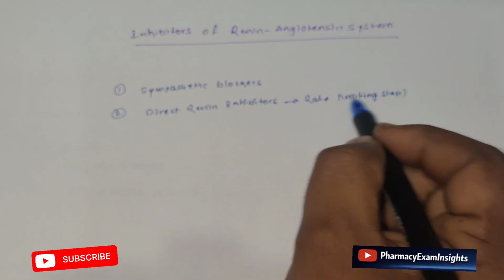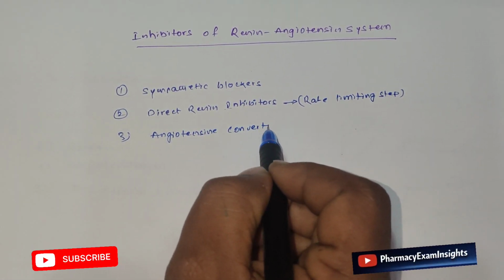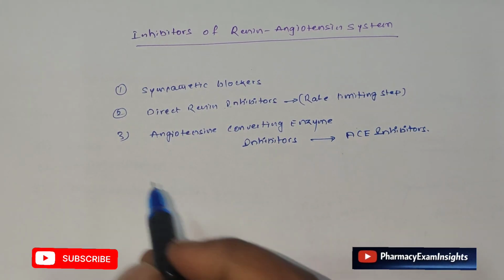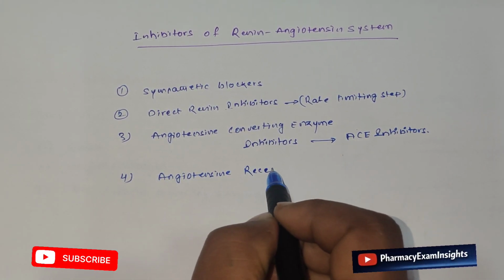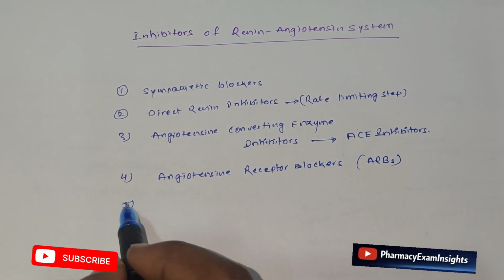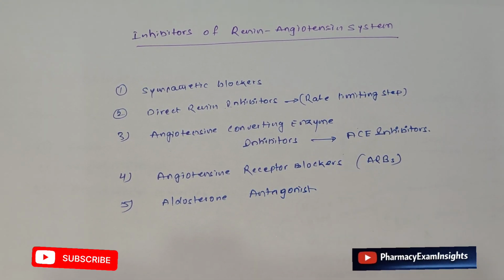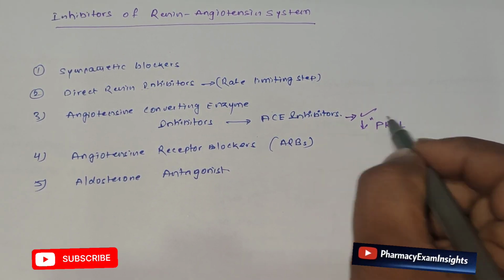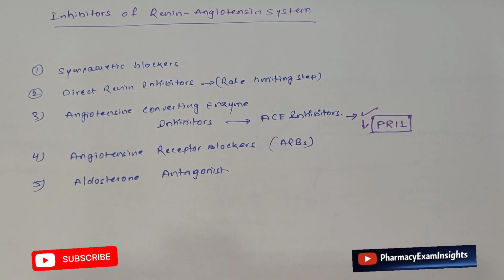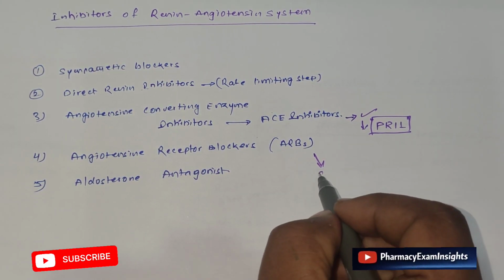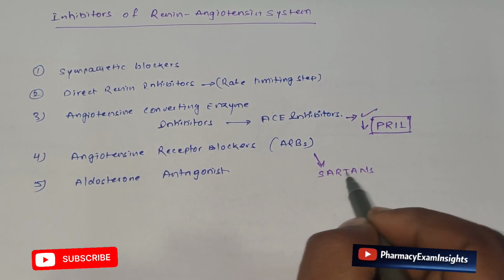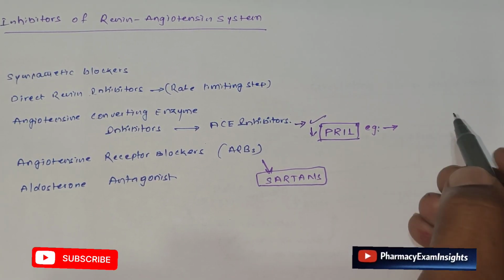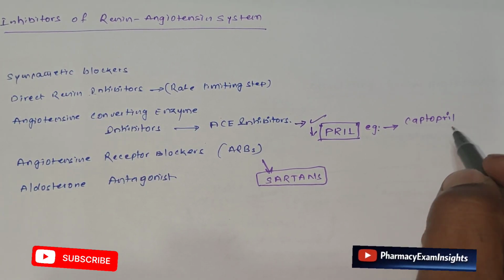Angiotensin converting enzyme or ACE inhibitors, angiotensin receptor blockers and aldosterone antagonists. The names of angiotensin converting enzyme inhibitors end with the suffix pril. Also, angiotensin receptor blockers end with sartans. Coming to the ACE inhibitors, these are prils.